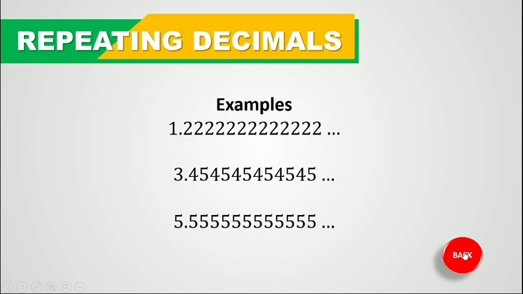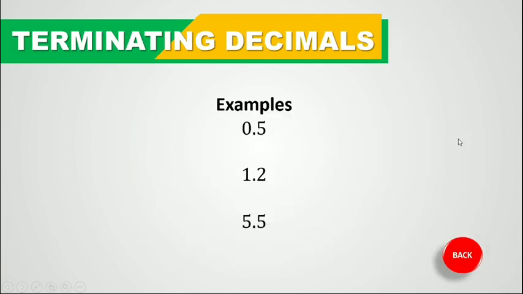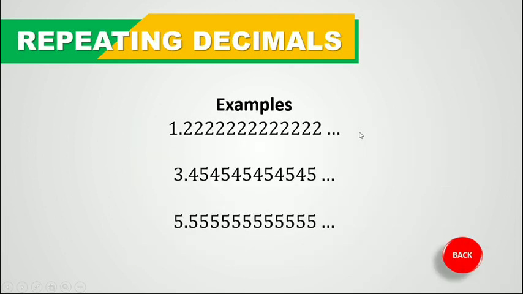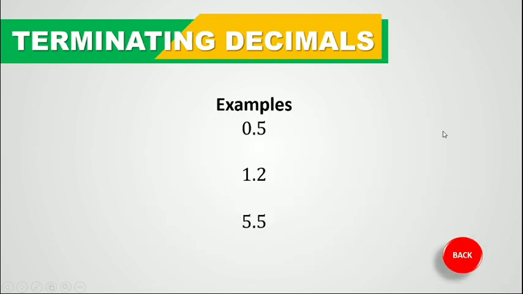And then we also have terminating decimals. By the way, the earlier ones are repeating and non-terminating decimals. They keep repeating and it never stops. So you have to take note that it's repeating and non-terminating decimals. When we talk about terminating decimals, from the word terminating, it terminates.